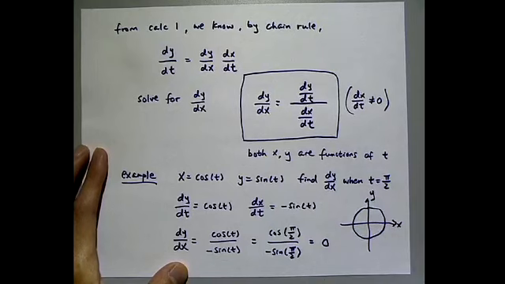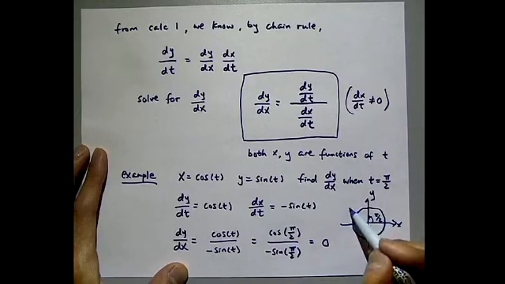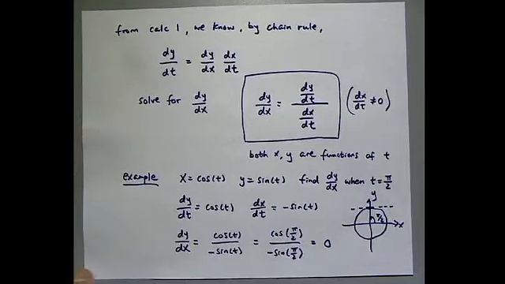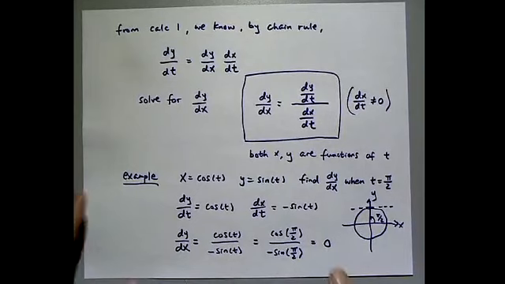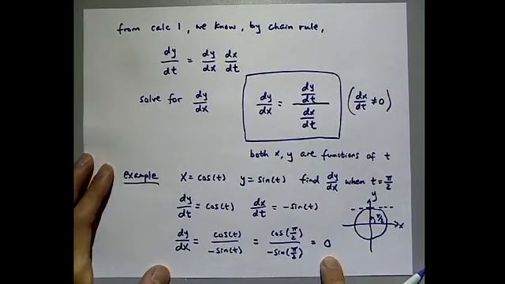Here's my circle, right? I want to know the slope of the tangent line when t is pi over 2. So that's right here. And as you can see, just by looking at it, the tangent line is horizontal. It's going to give you a slope of 0.